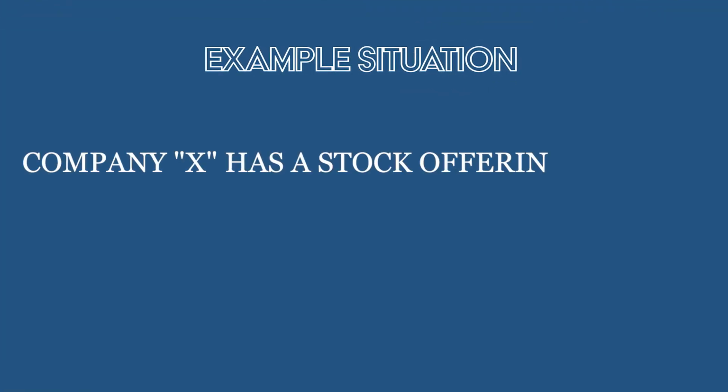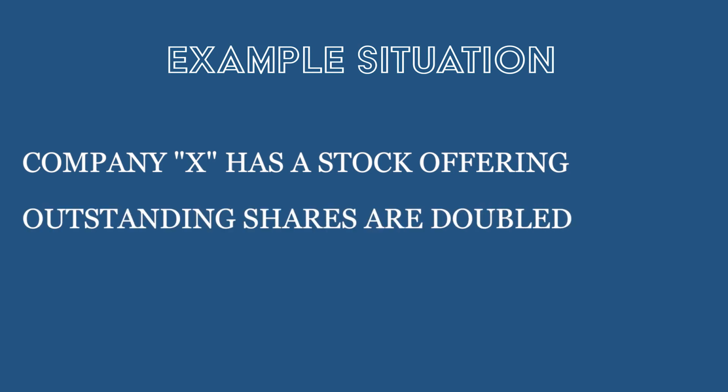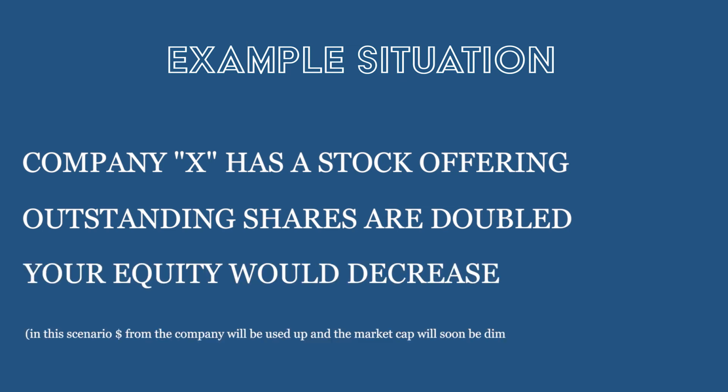Let's say they double the number of outstanding shares, and let's say you own some portion of the company and there's this number of outstanding shares. Well, if they doubled that number of outstanding shares, you still only have this number of shares. Man, the percentage of the company that you own is now decreased.